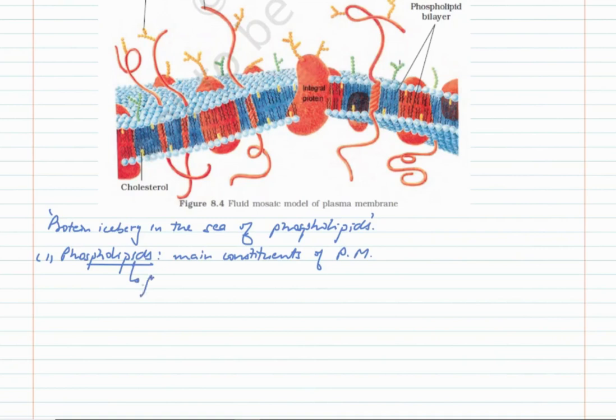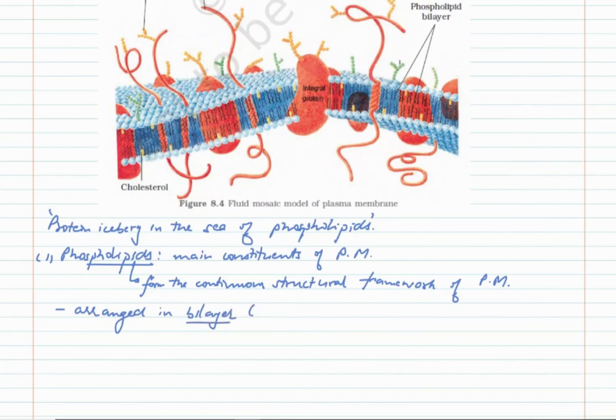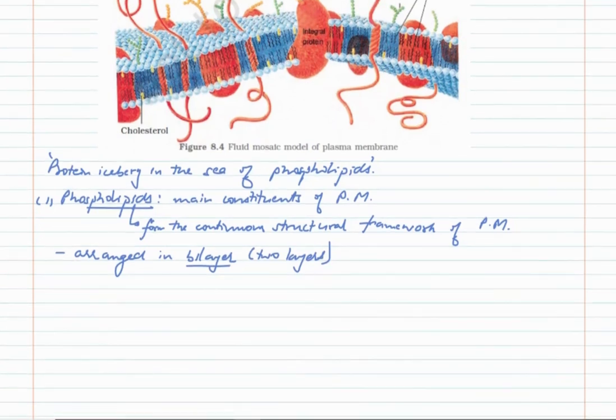They form continuous structural framework of plasma membrane. Now studies have showed that plasma membrane or cell membrane is composed of lipids that are arranged in bilayer, that is two layers are present of these phospholipids.